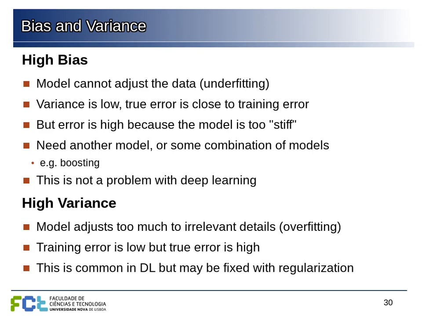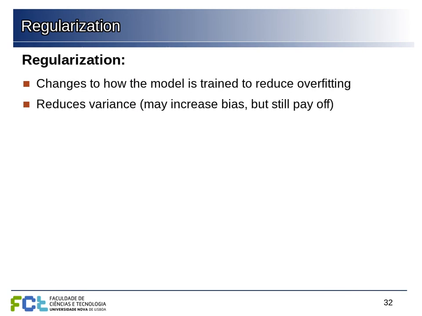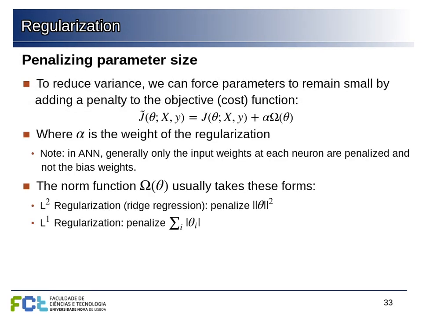But if we are in this situation, we can use regularization. So basically, regularization is any change to the way the model is trained, not the model itself, but the way the parameters are adjusted, and usually it's meant to reduce variance. And we have several different ways of doing this. One possibility is penalizing the magnitude of the parameters.